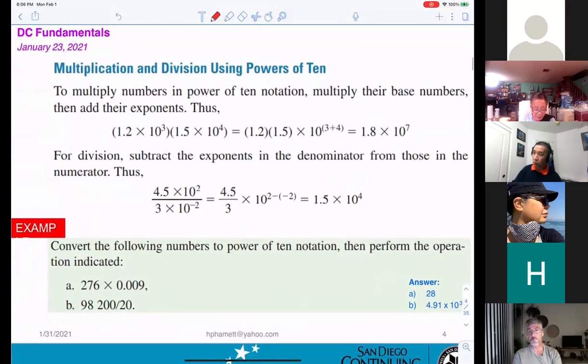Now they're talking about multiplication and division with power of 10.